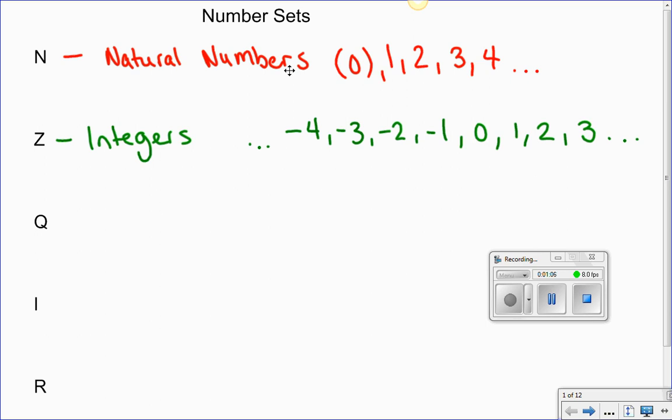Okay, Q stands for rational numbers. So rational numbers are any number that can be written as a fraction.